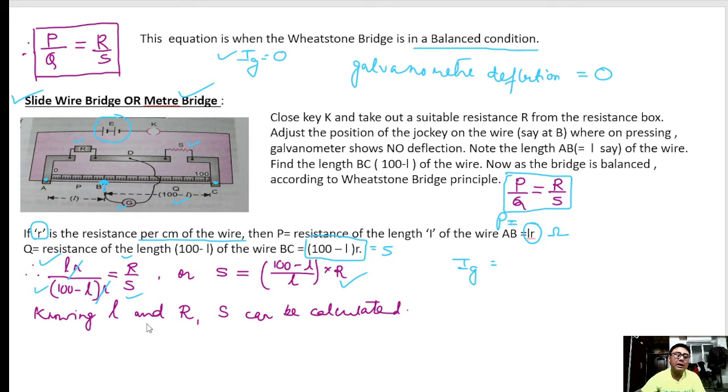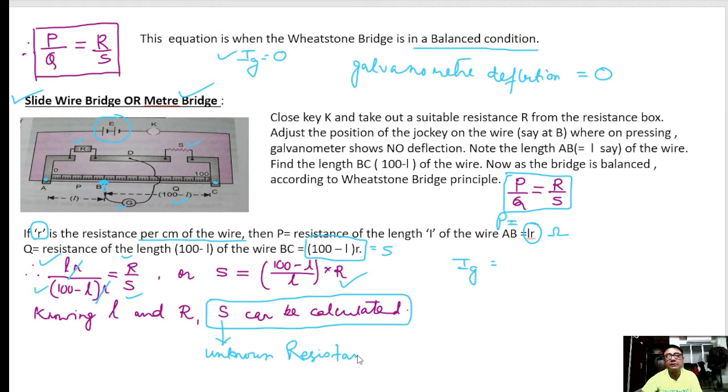So this is how we can calculate the value of S. S means this is the unknown resistance which will balance the meter bridge.